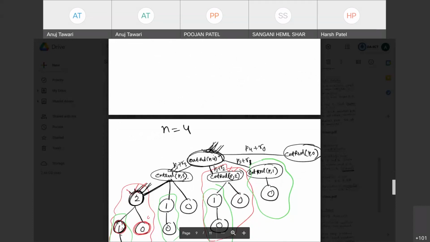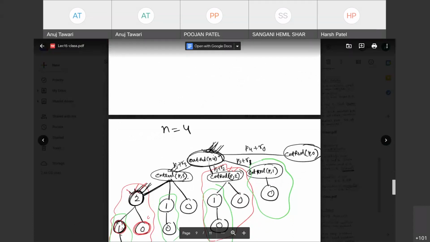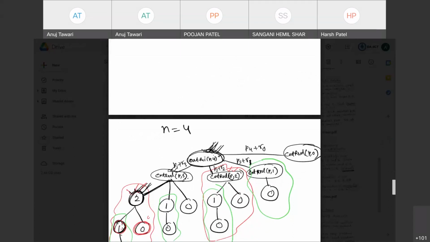So we'll just look at what's exactly happening here. Initially we said that there is this length n rod.